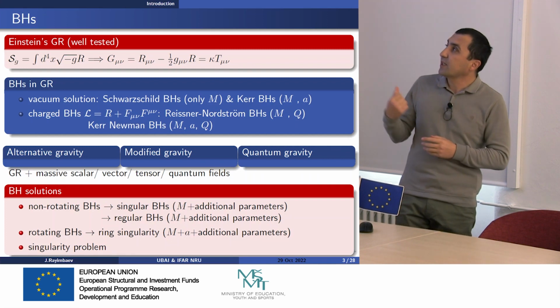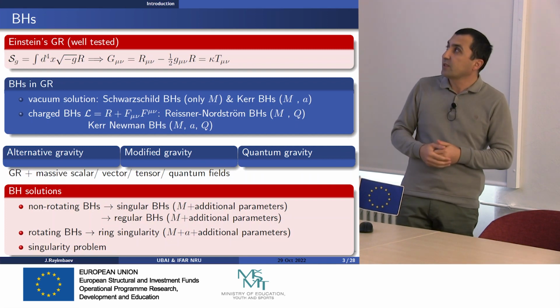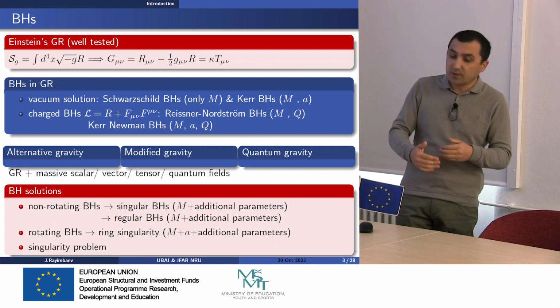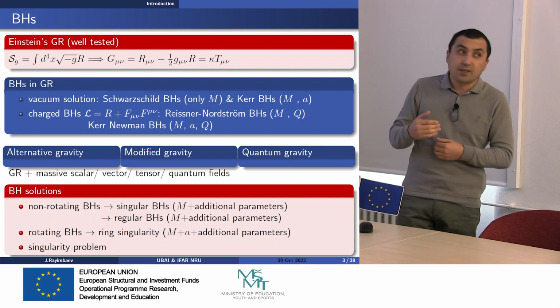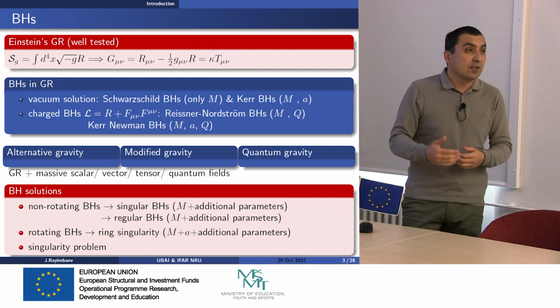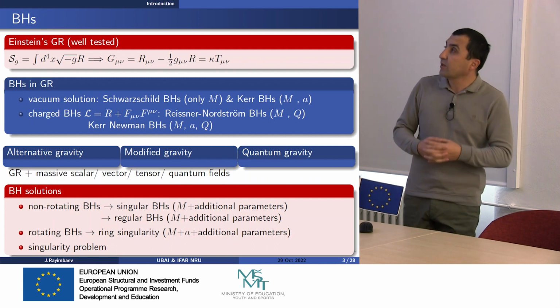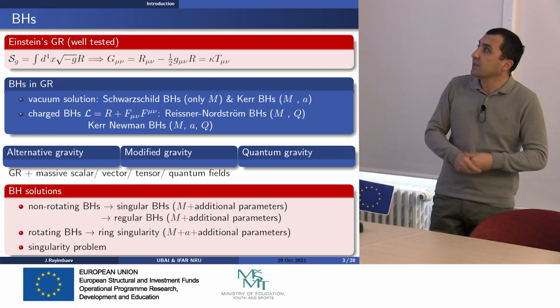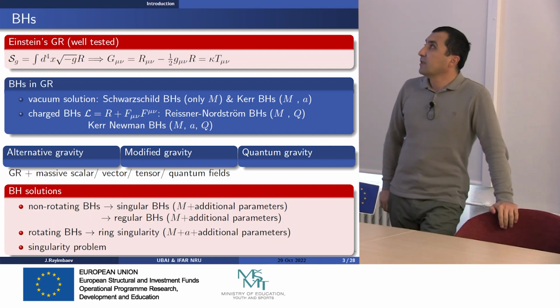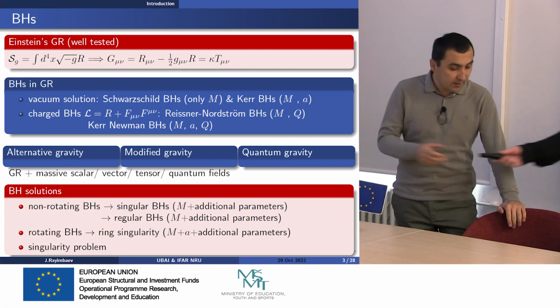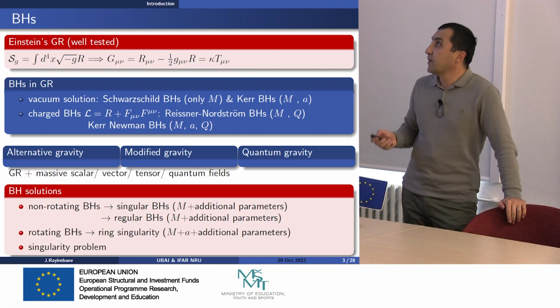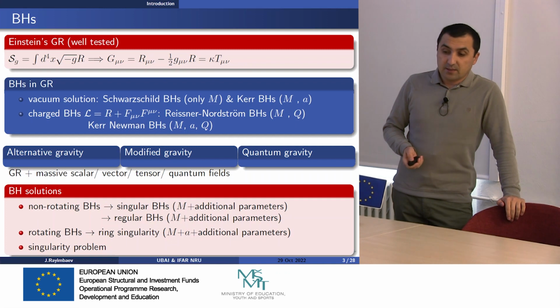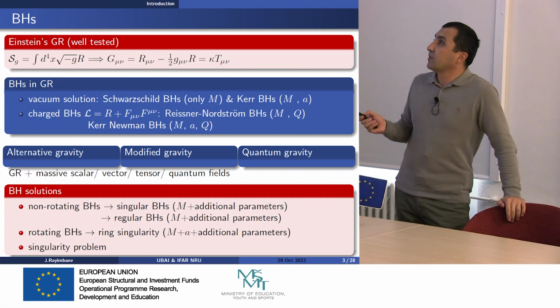In Reissner-Nordström they include the Lagrangian density of the linear electromagnetic field, and they found this space-time for charged black holes.